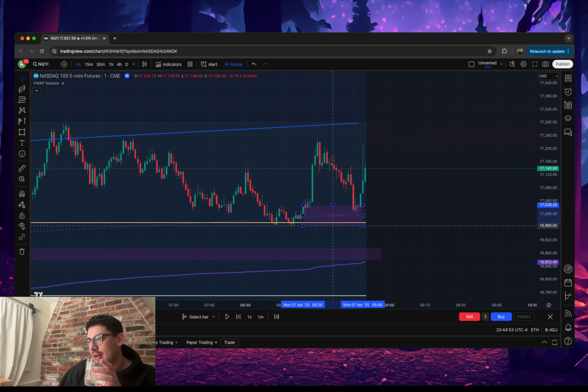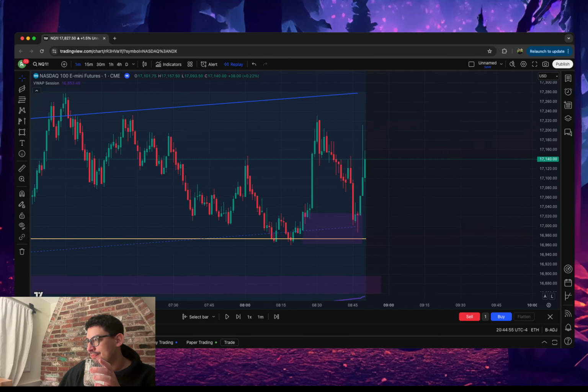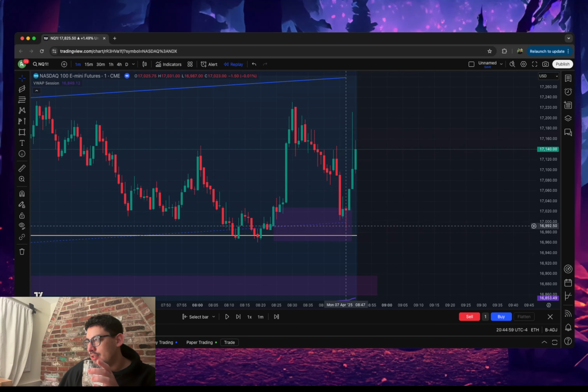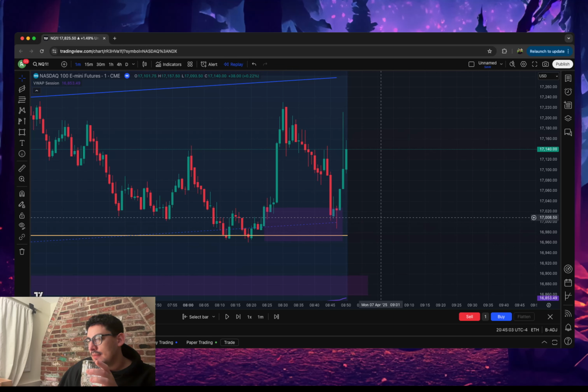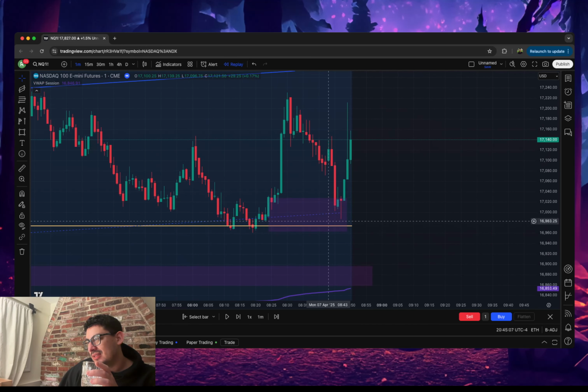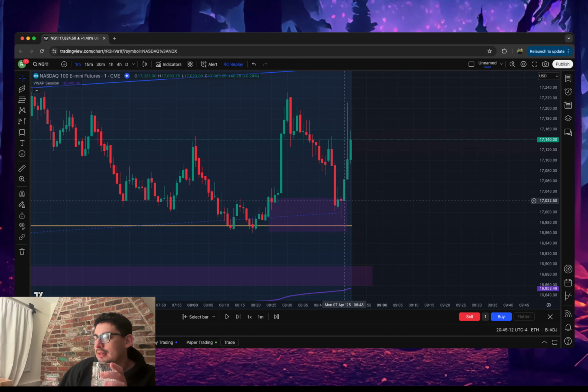I'm not that guy anymore, you know? I used to be that guy. So when you see this red guy bouncing off the midline too, I think that's pretty good. You haven't touched the value area, but you're bouncing off the midline.